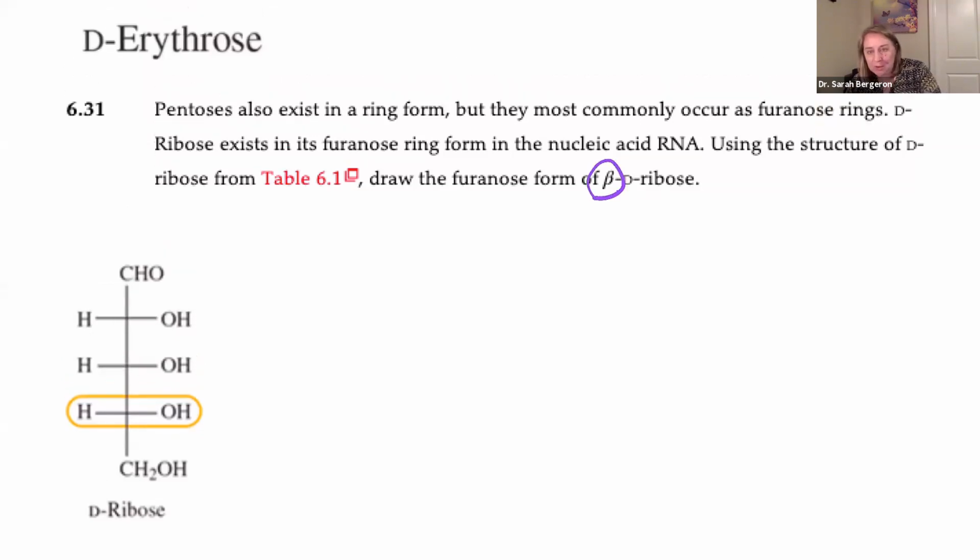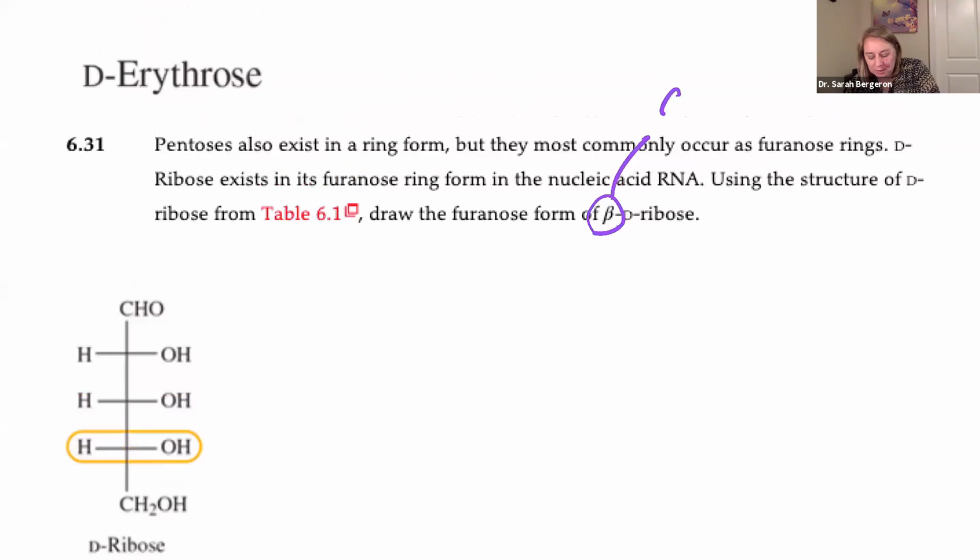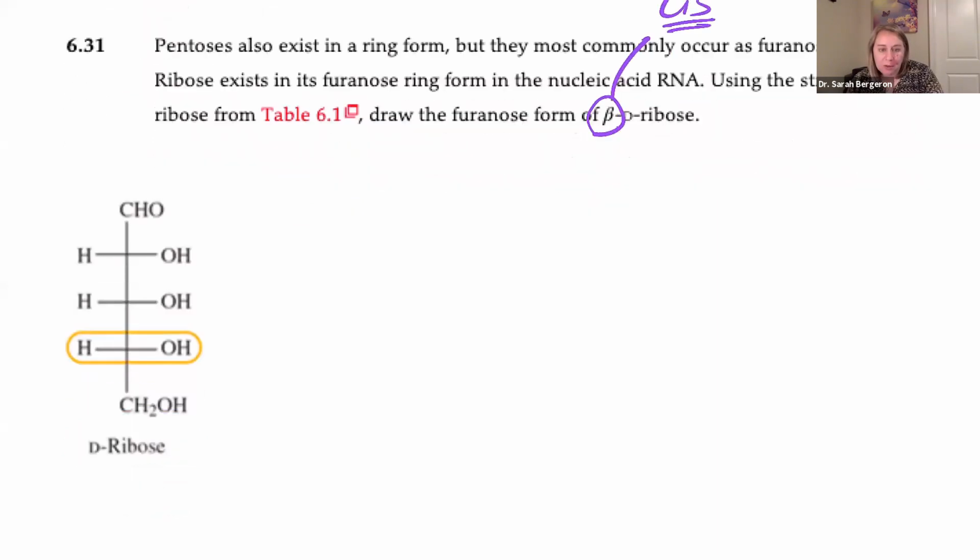Beta, what do you think of when you see beta? Beta is cis, right? Okay, so what we're going to do is take our molecule. Now see how your book does this? I hate that your book does this, I really, really do. Let's redraw our molecule. See this CHO? It doesn't tell you structure. You need to be able to see structure.